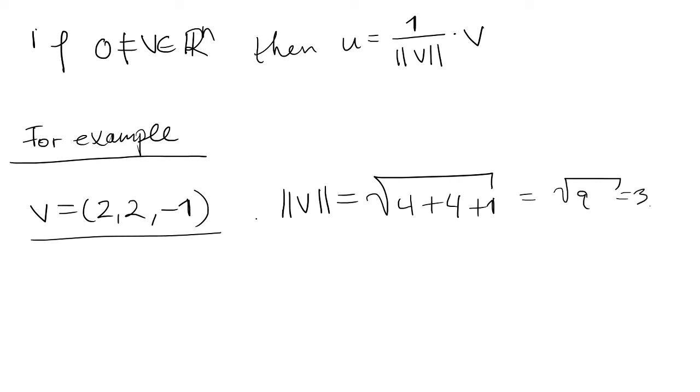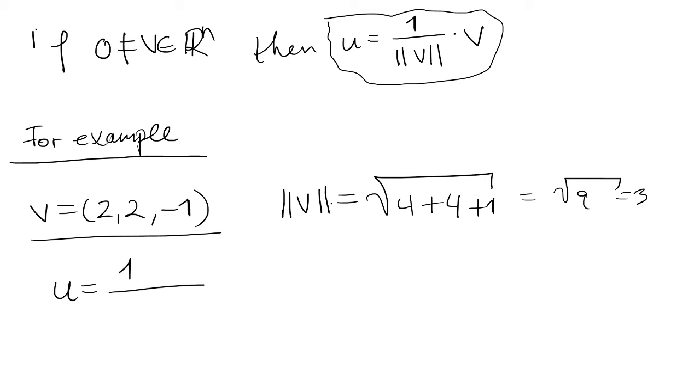So obviously vector v in this case is not a unit vector. But if we use the formula here, we can turn vector v into a unit vector. So how do we do that? We simply say that u is equal to 1 divided by the norm, which is 3, multiplied by the vector v, which is 2, 2, minus 1.